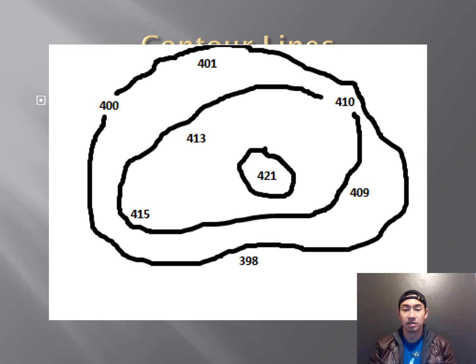So 410 is connected with that contour line. And note that 415, 413 are within the circle, so that means we are increasing our elevation as we're going in towards the center. And then towards the center most, written around 421, we have our 420 elevation contour line.